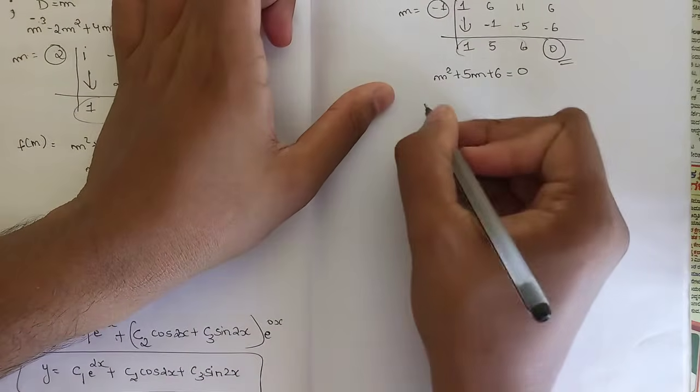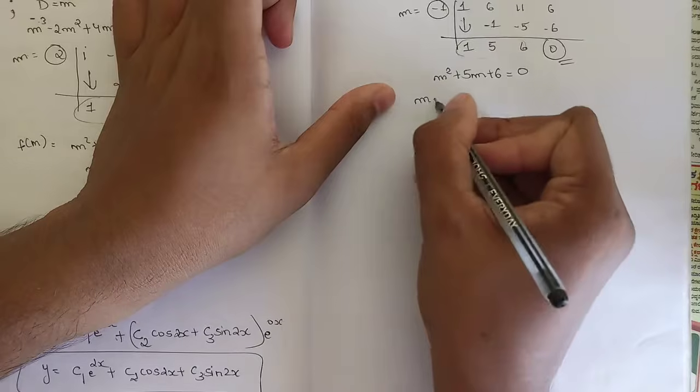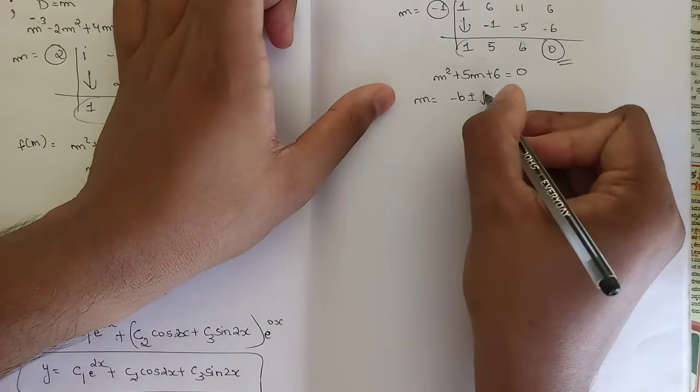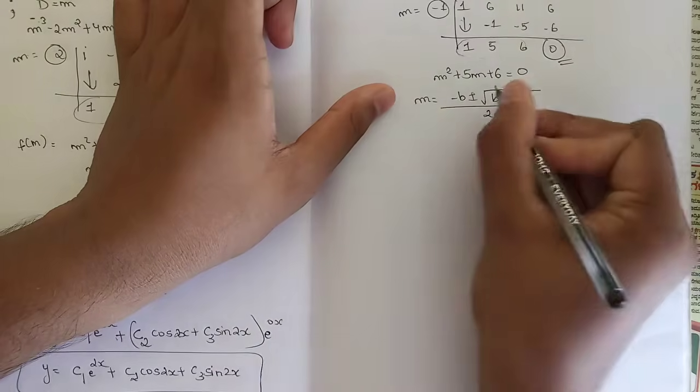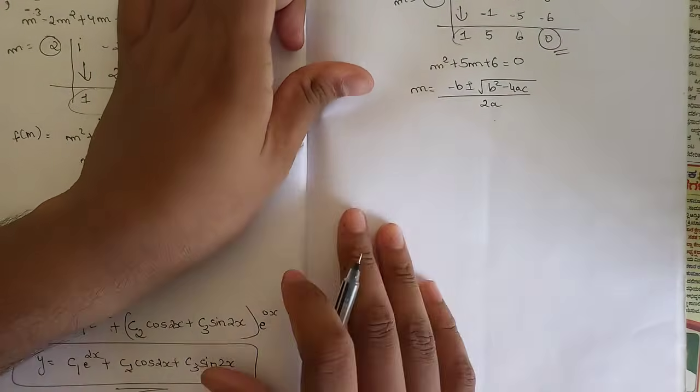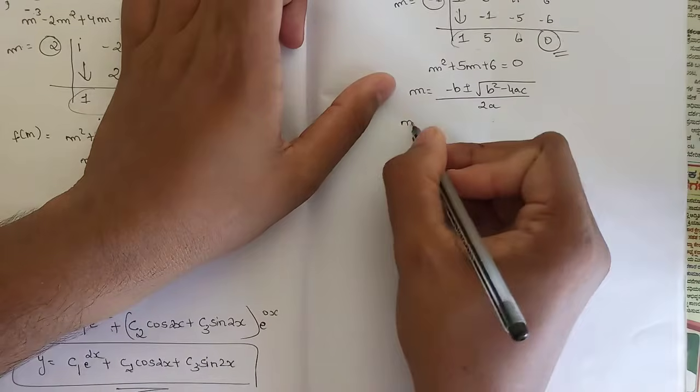For this, use the quadratic formula, that is m is equal to minus b plus or minus square root of b square minus 4ac, divided by 2a. We have used this formula many times, right? Now we are going to do the same thing here.